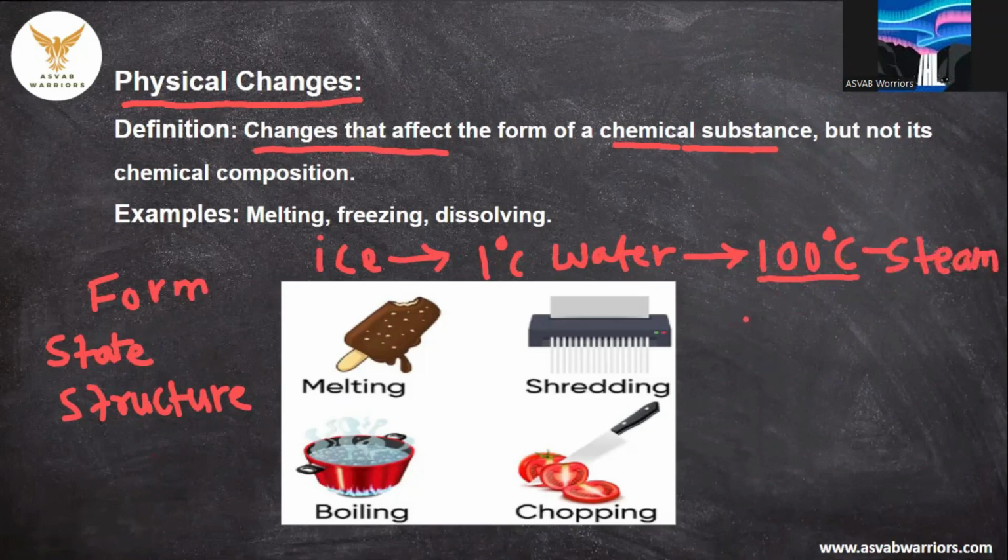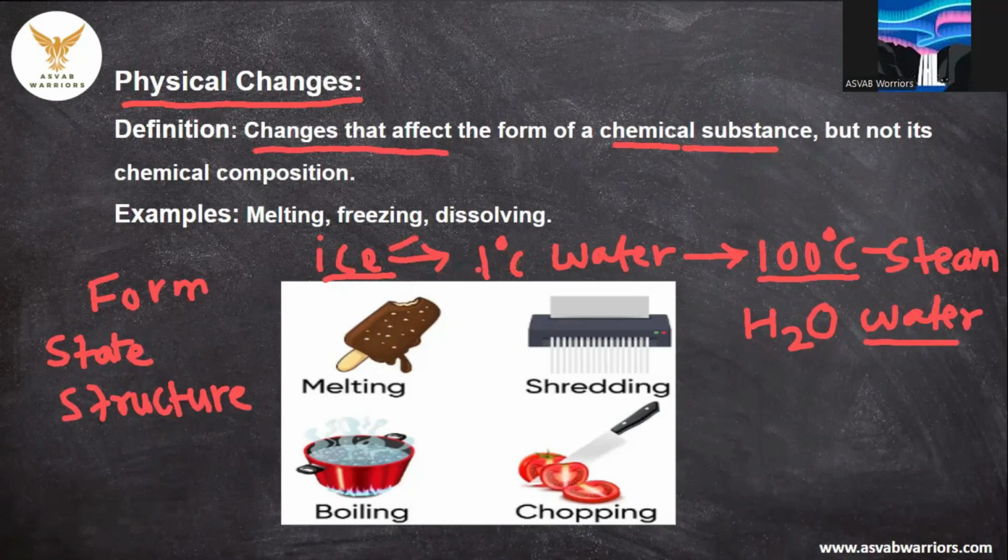The chemical structure of the substance is one and the same, which is H2O, 2 hydrogen and 1 oxygen, which is water. Chemical formula for water. So it is one and the same, but the physical state is different. When the temperature was 0 degree Celsius or lower, it is in the form of ice in the solid state.